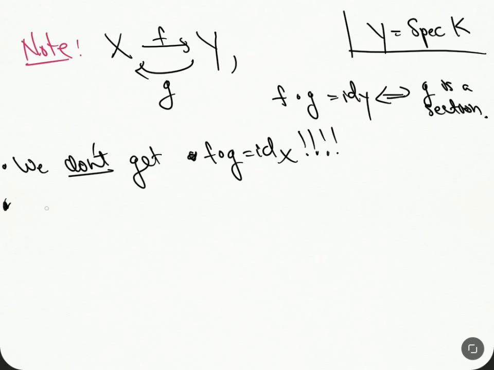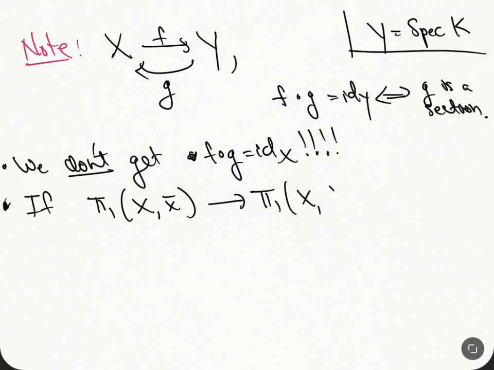In particular, look what happens. If we have pi 1 of X, and we fix some base point here, this goes from pi 1 of X to pi 1 of Y, f of x bar, like so.